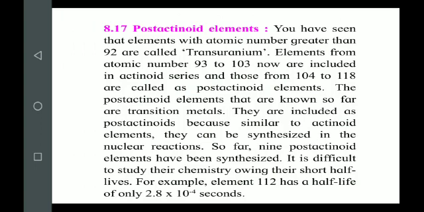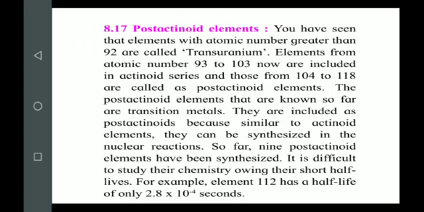In the same way, the elements after the actinoid series, that is after 103 lawrencium, are termed post-actinoid elements. That is, from 104 onwards to 118, whatever we have discovered till now, these are called post-actinoid elements.